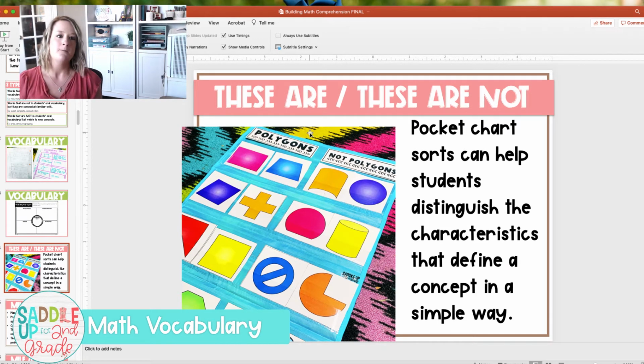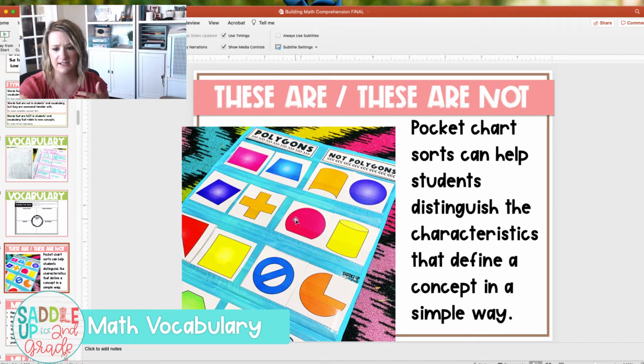Pocket chart sorts help students distinguish the characteristics that define a concept, and especially if it involves pictures, that's going to be highly beneficial for your ESL students, having that visual representation where they can put a picture to a word to a concept.